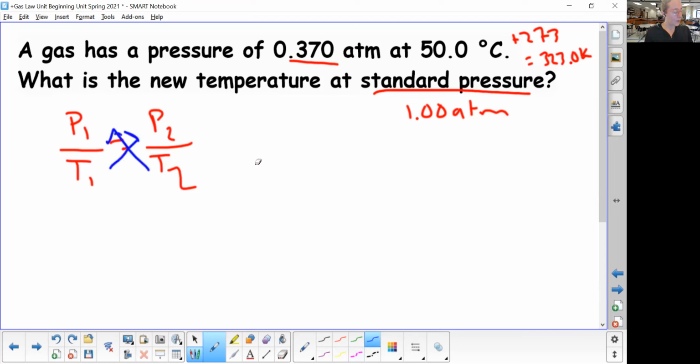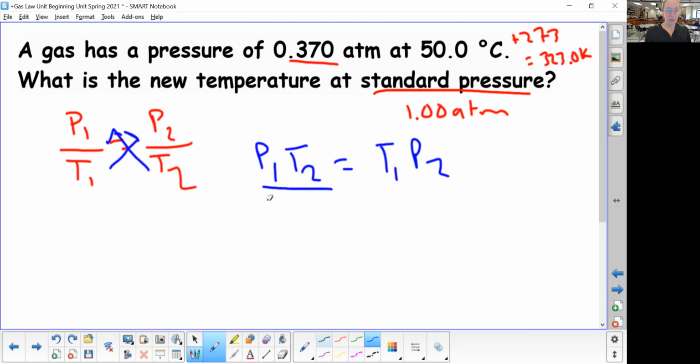And again, I want to see the variable rearranged. So pressure 1 times temperature 2 equals temperature 1 times pressure 2. And then to get temperature 2 by itself, I'm going to multiply by the reciprocal of the initial pressure on both sides.